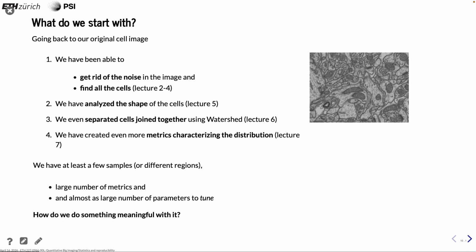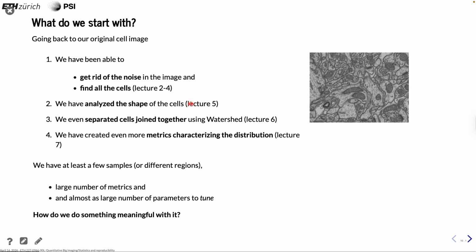So let's see what we have to start with. Let's go back to this original cell image. We have been able to look at, so that's actually a review up to now, we have been able to get rid of the noise in the image. We have been able to find some cells.